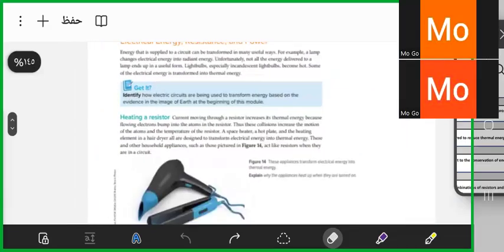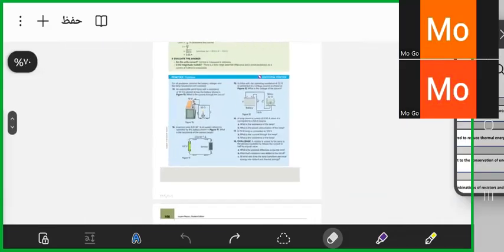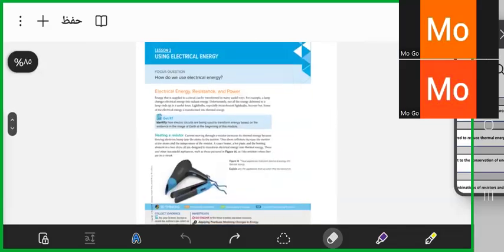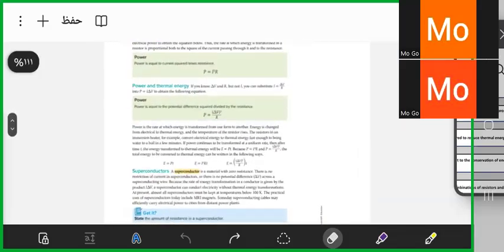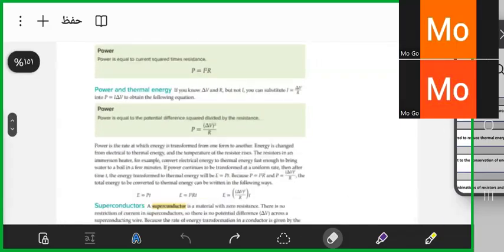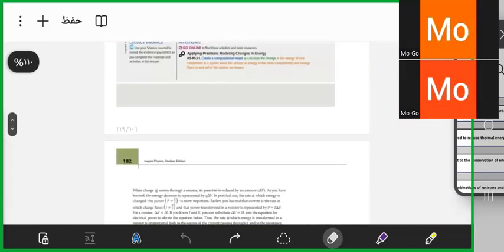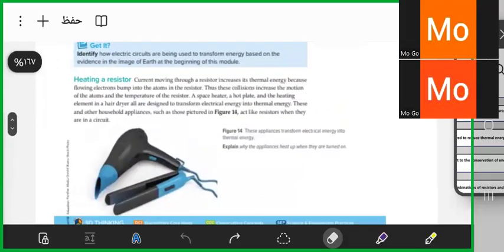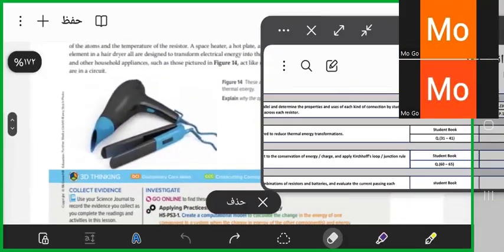Using electrical energy was not in this. Maybe I see parallel here and series here, power. He mentioned it was at that one. Maybe he needed something also.